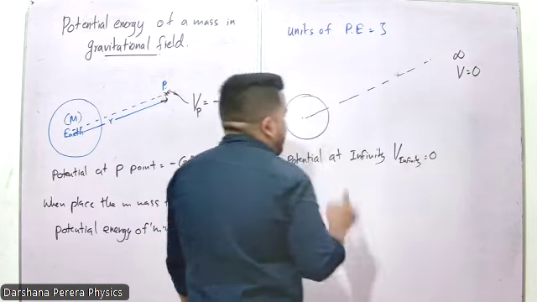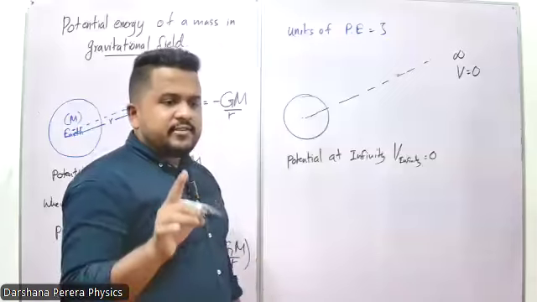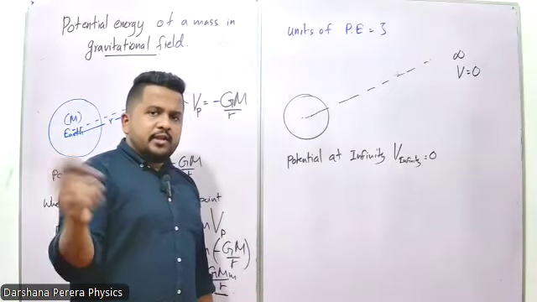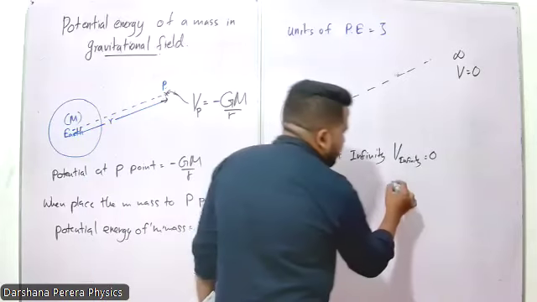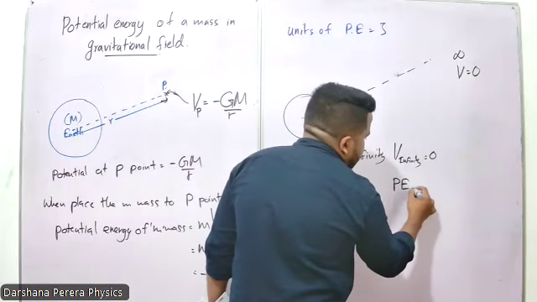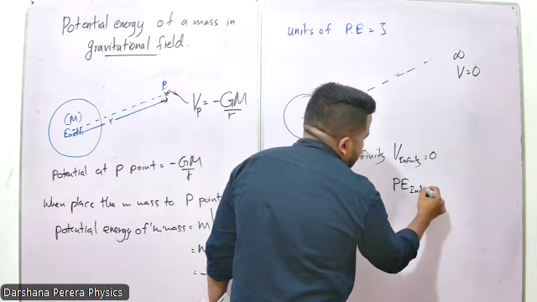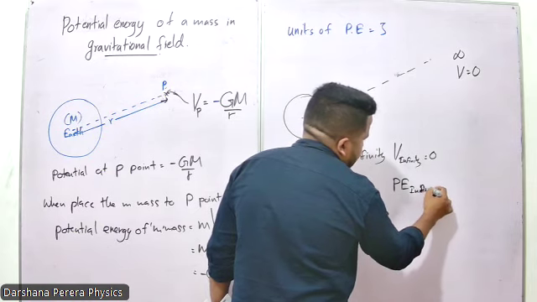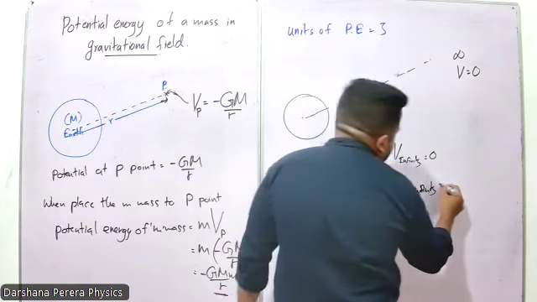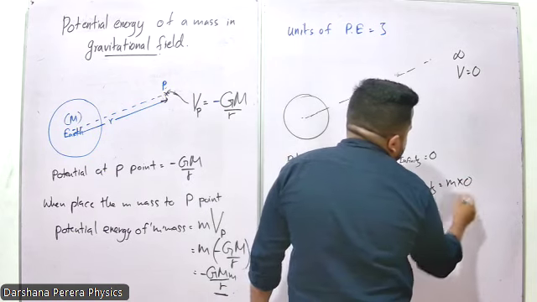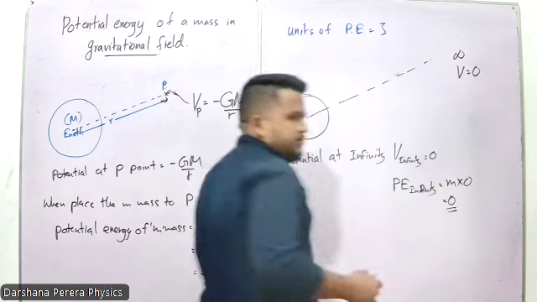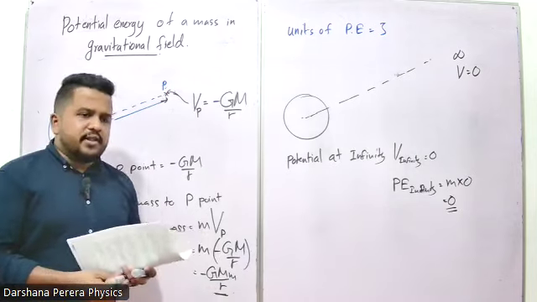When I place some mass at infinity, the potential energy at infinity equals m into zero. That means zero. So you need to identify that part.